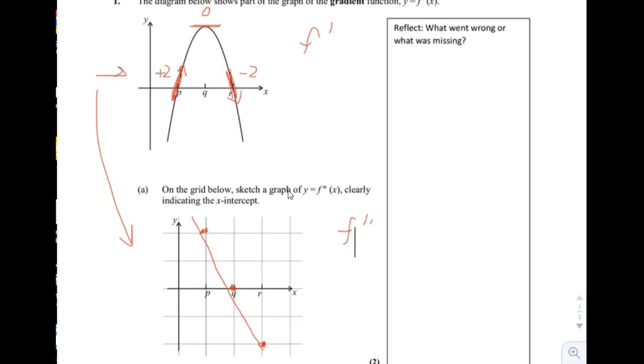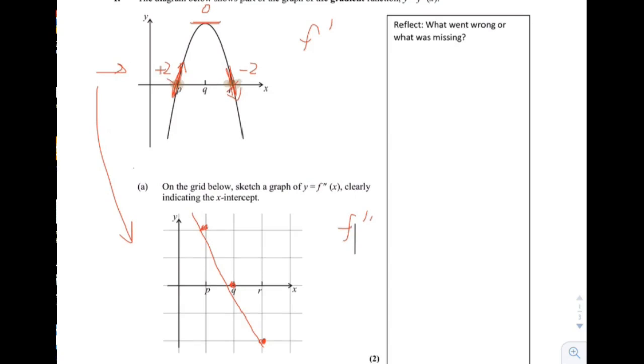So like, for example, I'm going to mark them here. So here's a derivative of 0. Here's a derivative of 0 of f itself, right? So at P and R, there are stationary points. These two stationary points, P and R, they might be minimums, they might be maximum, or stationary inflection points.